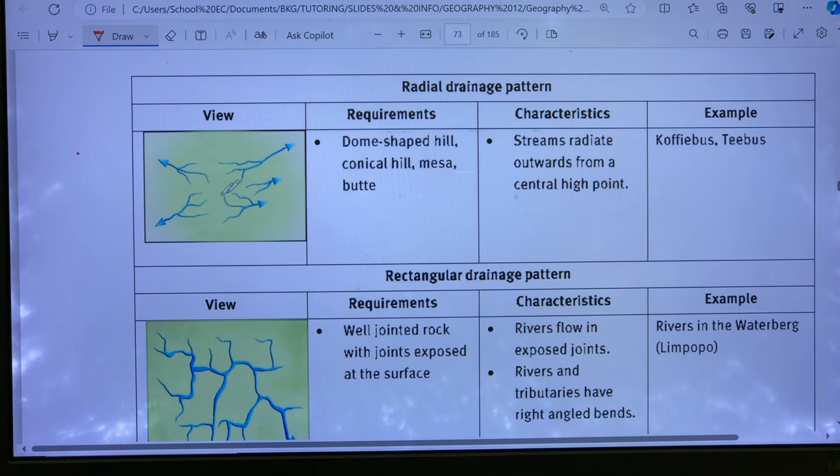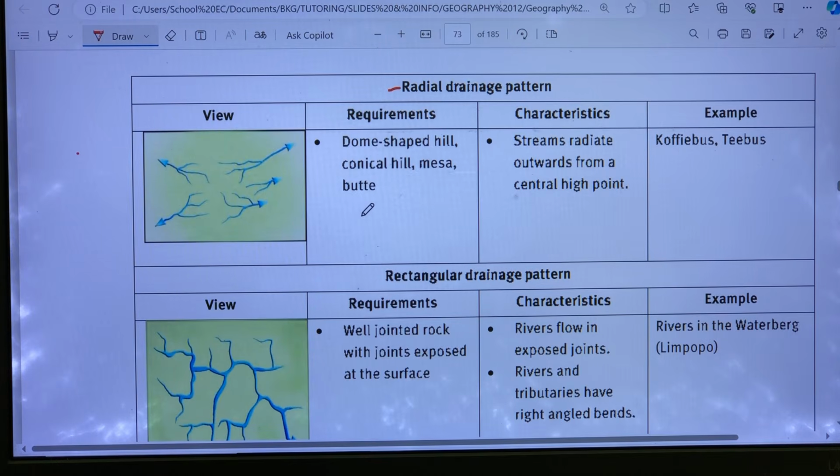A radial drainage pattern. Just before I move on, guys, please don't confuse a radial drainage pattern with a centripetal pattern. A radial drainage pattern is whereby the streams originate from a high-lying area to a downslope, to general areas.